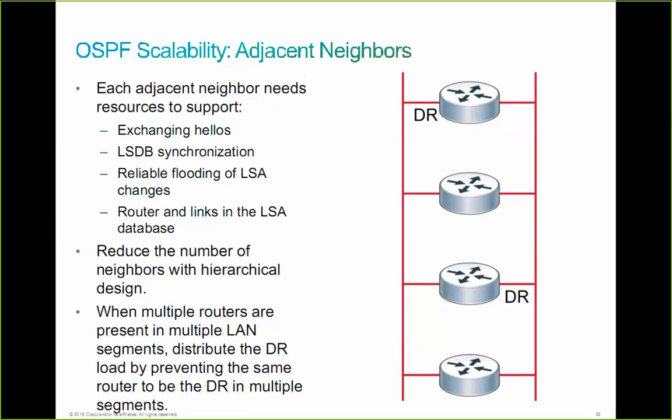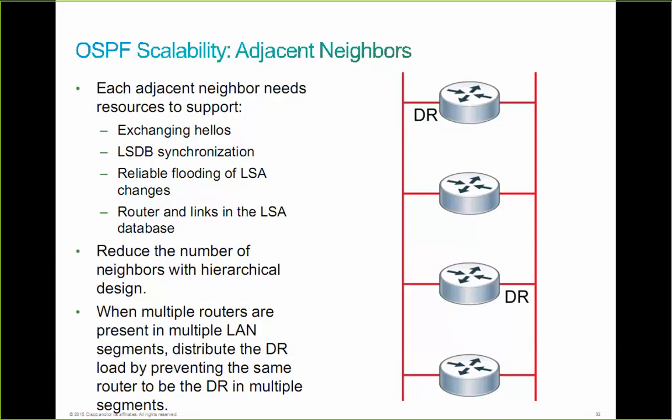In the case of a multi-access network, which we kind of see depicted here, this is considered a multi-access network, and this is considered a multi-access network. One of the things that occurs is that on each segment, in this case the left and the right, each segment has something called a designated router and a backup designated router that allows us to build adjacencies with all the other routers.